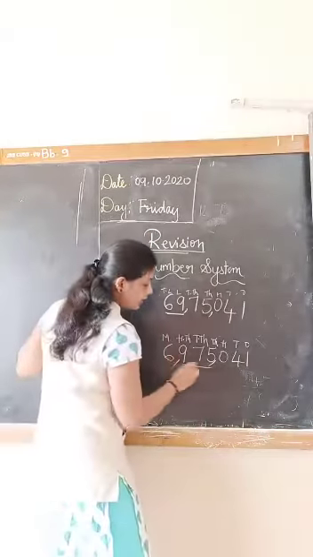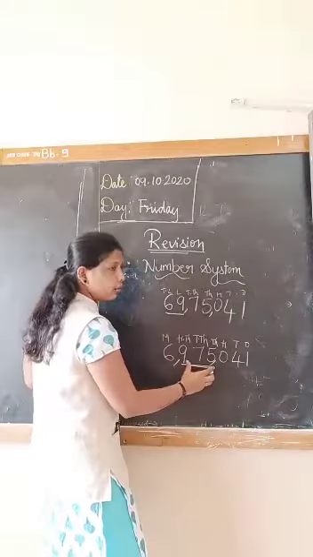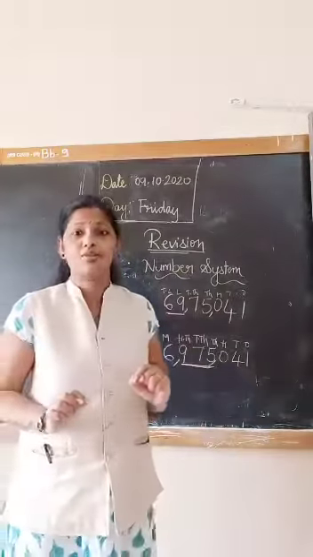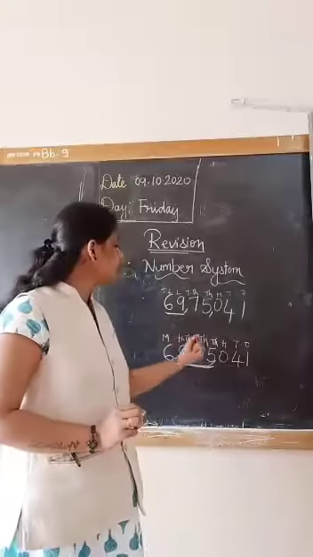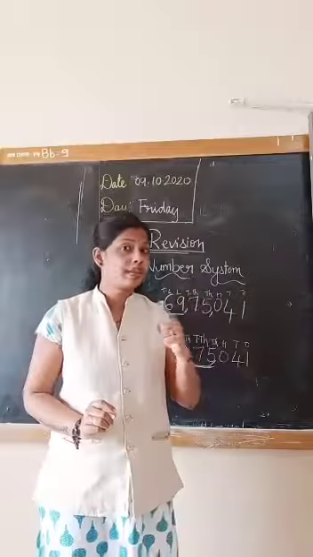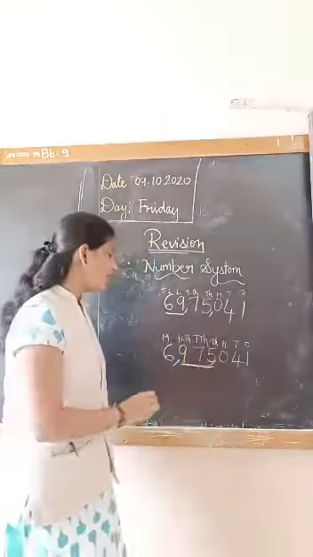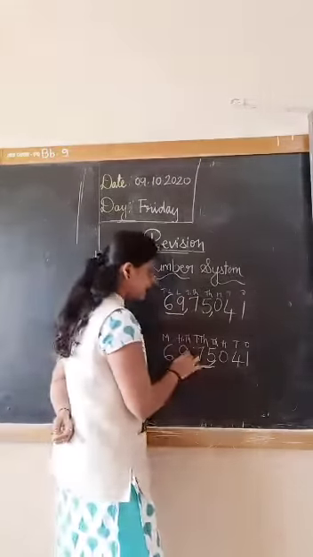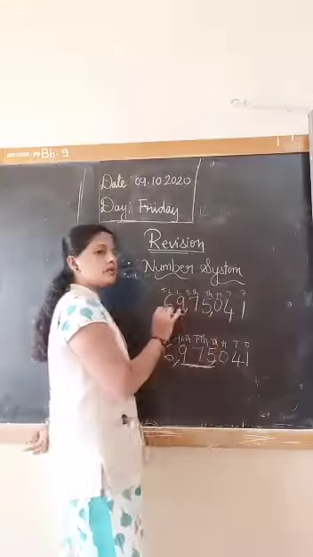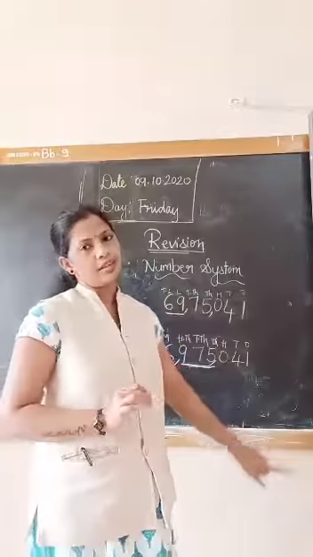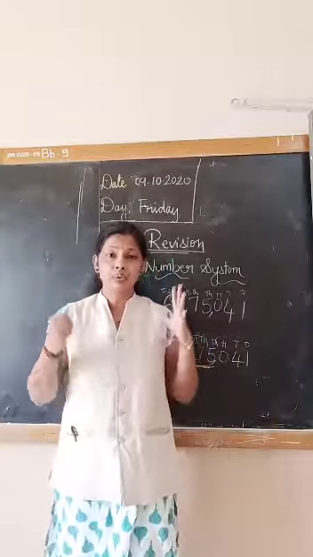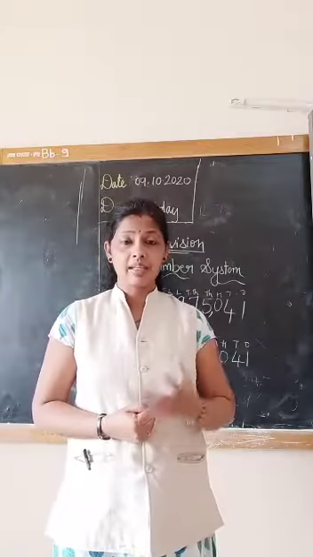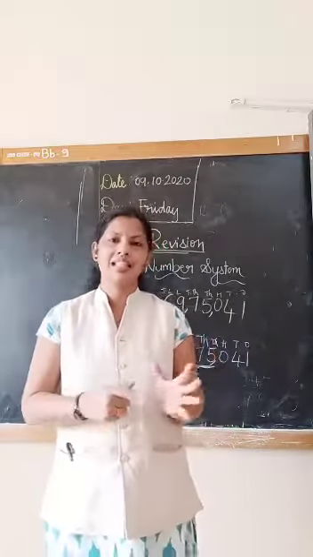These 3 numbers are together between commas, so you have to read them together. 975,000, it is not 97 or 75. These 3 numbers together you have to read, that is 975,041. Is that clear? This is how you can read and write the numbers and insert the comma in both the Indian and international systems.